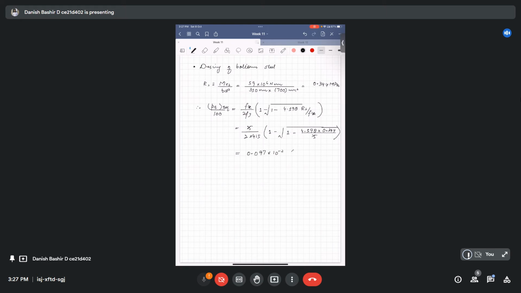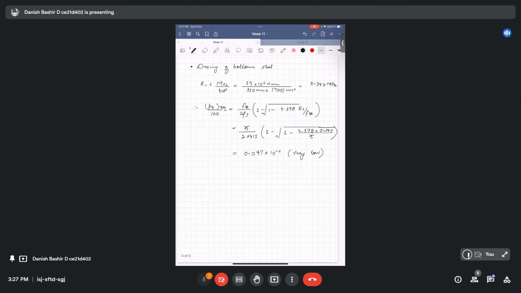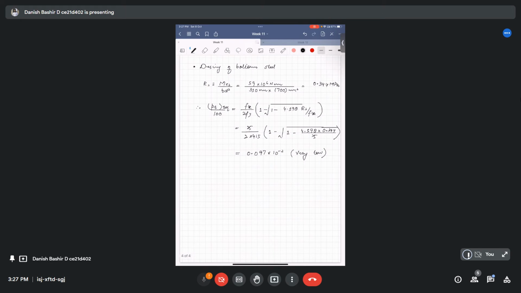This is a very low steel percentage. Very low steel percentage we are requiring. So we have to go for the minimum one. We cannot go below the minimum, so we are providing the minimum reinforcement. What is the codal provision for the minimum reinforcement?